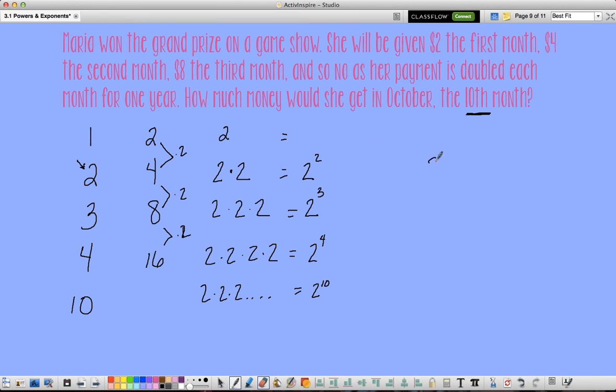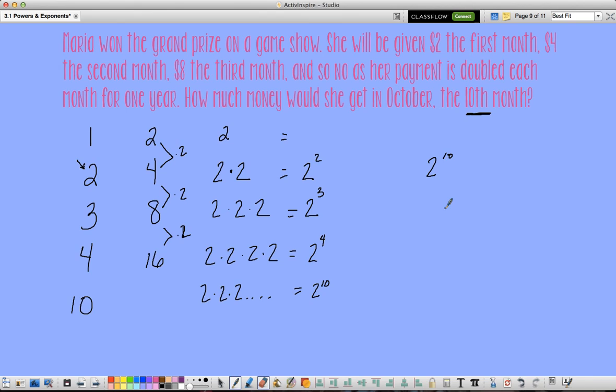Okay, so if we take 2 to the 10th power, we can say that that's how much money she won. Then you can actually take that and continue to multiply it out. So taking 2 times 2 times 2 times 2 times 2 10 times.